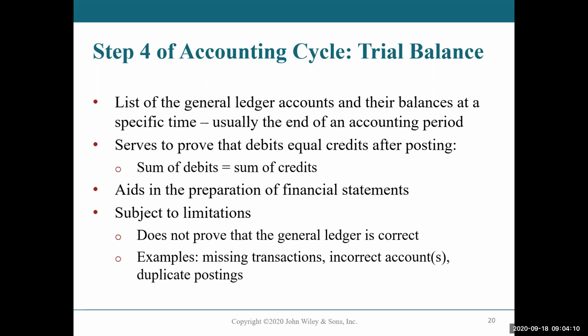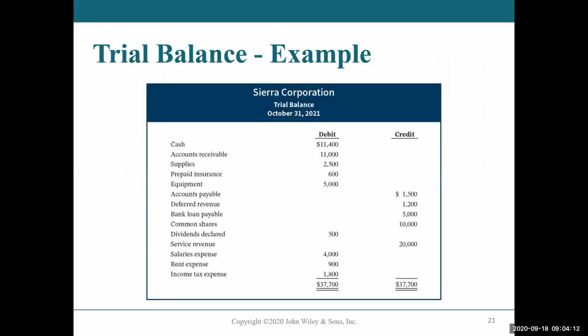A trial balance looks like this. All it does is give you each of your accounts that was used with the ending balance coming from your step 3. So this is where we take the ending balance in your T account, whether that was a debit or a credit, bring that information forward, and list those numbers in the debit or the credit column.